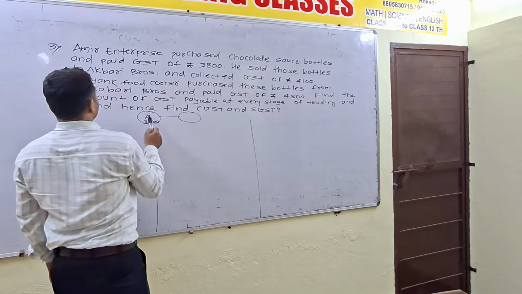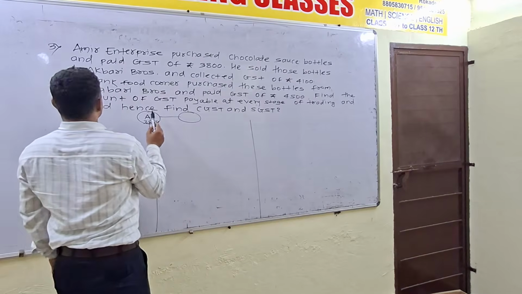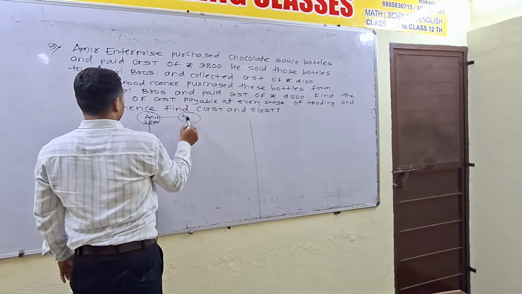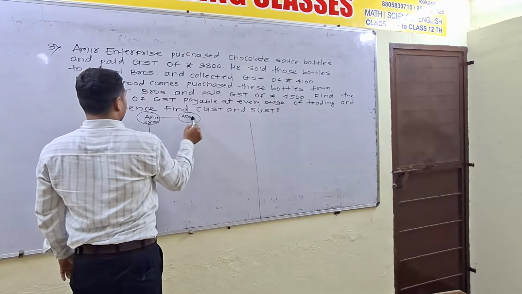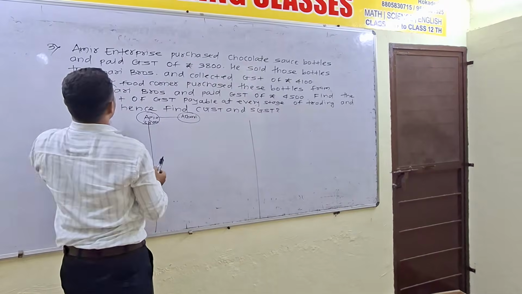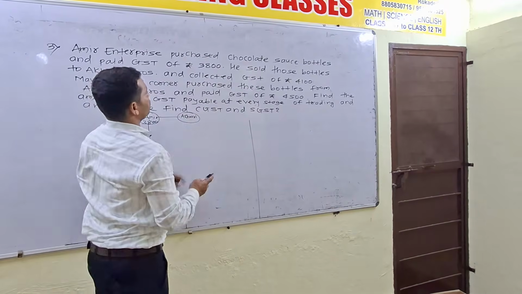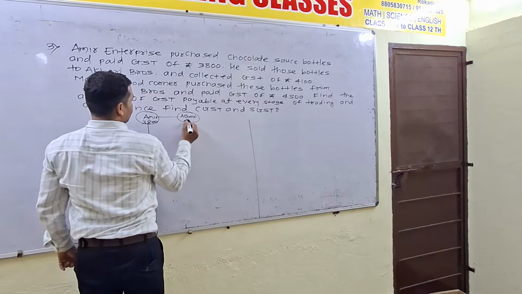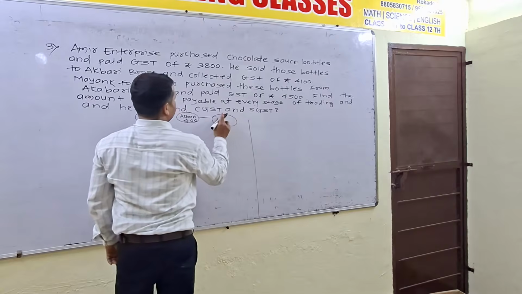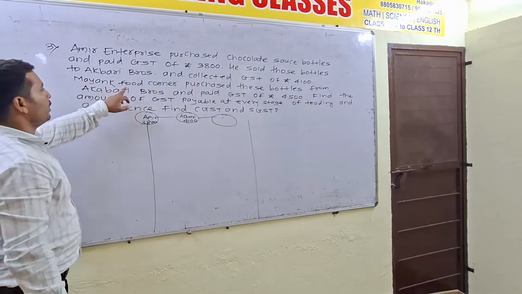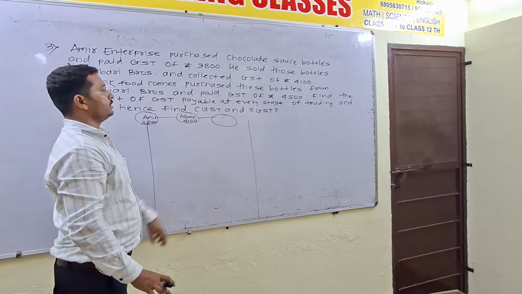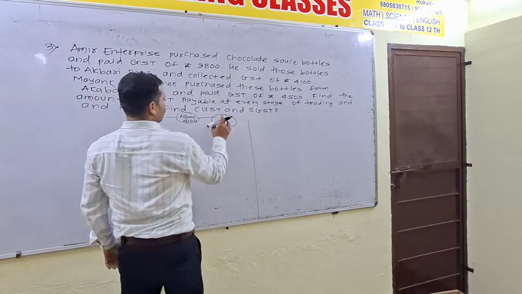So first is Amir Enterprises, second is Akbari Bros. Akbari Bros collected GST 4,100 rupees. Mayank Food Corner purchased this bottle from Akbari Bros and paid GST 4,500 rupees.